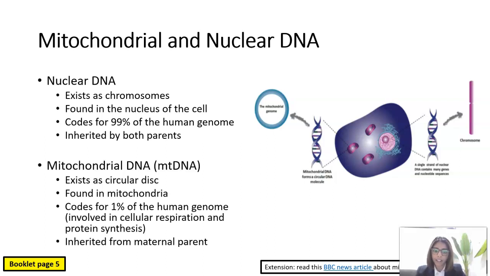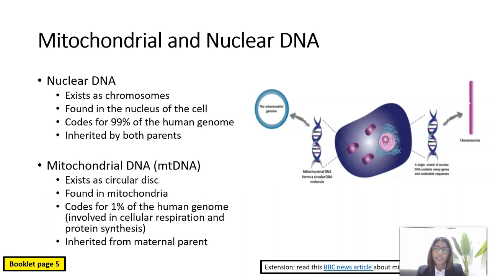Mitochondrial DNA, on the other hand, is slightly different. It exists as these circular discs compared to the chromosomes that we traditionally know about in nuclear DNA. It's only found inside the mitochondria, and it codes for about 1% of the human genome. Now, even though it's only 1%, it actually does some really important things. It helps with cellular respiration and protein synthesis, which are two metabolic functions that are essential for life.